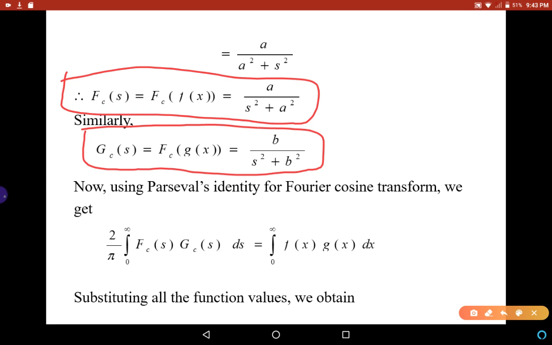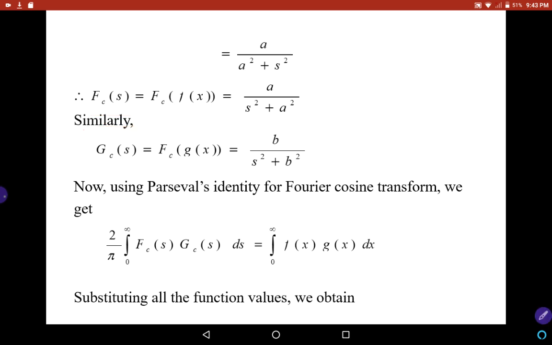Now let us use Parseval's identity for Fourier cosine transform, which states that 2 by pi times integral 0 to infinity Fc of s into Gc of s ds is equal to integral 0 to infinity f of x into g of x dx. Now let us substitute all the function values here, that is Fc of s is a by (s square plus a square), Gc of s is b by (s square plus b square), and f of x is e power minus ax and g of x is e power minus bx.